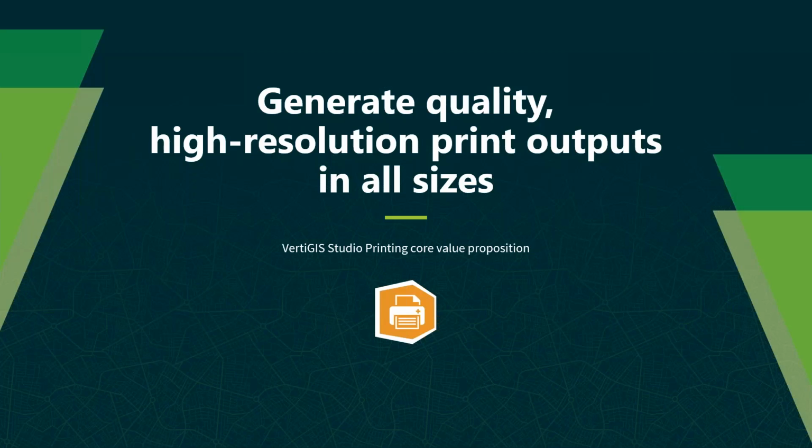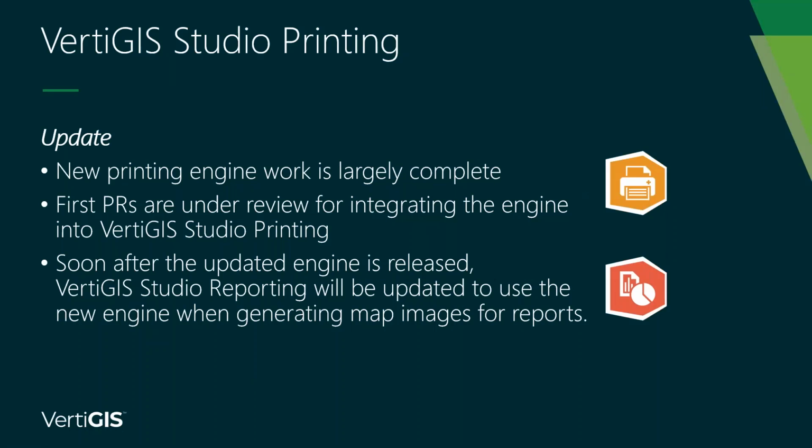So let's talk about VertiGIS Studio Printing. Sometime back, we let you know that we were working on a new technology engine, a behind-the-scenes engine that actually does the generation of the actual map content in a print. And I thought I would give you a quick update on this. The work on that engine is largely complete, so we're excited about that.